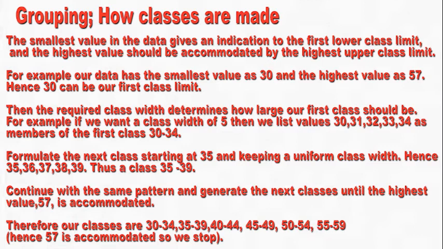Therefore, our classes are 30 to 34, 35 to 39, 40 to 44, 45 to 49, 50 to 54, and finally 55 to 59. Hence, 57 is accommodated, and we stop.